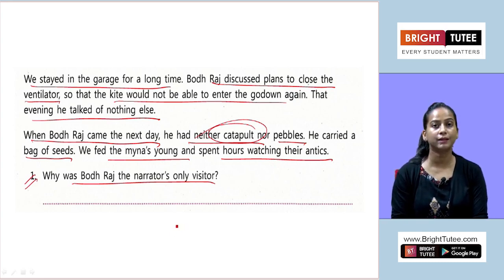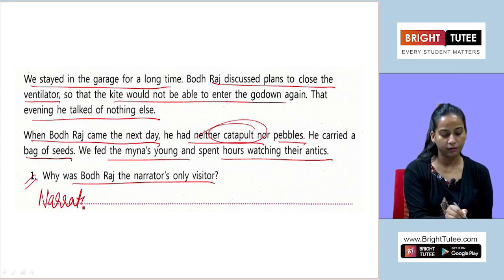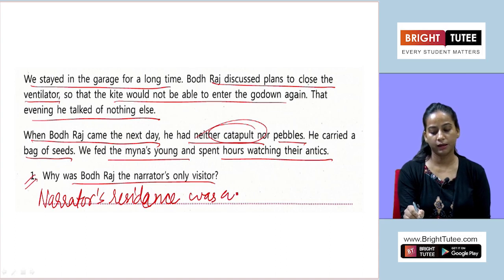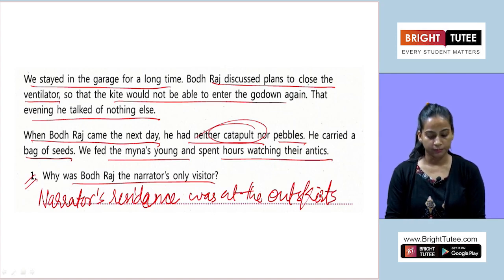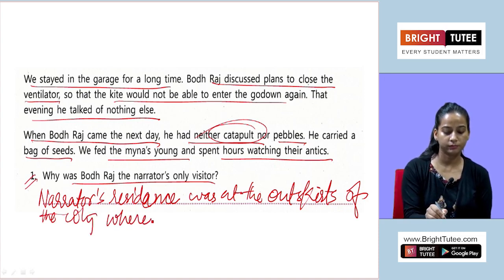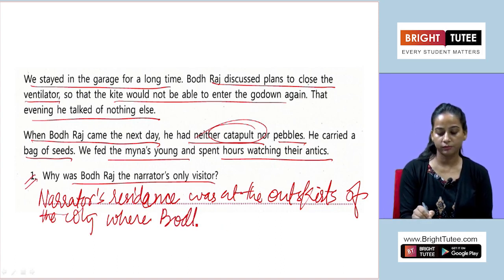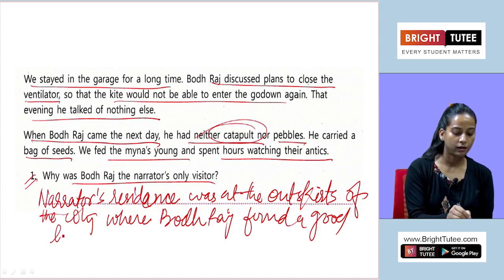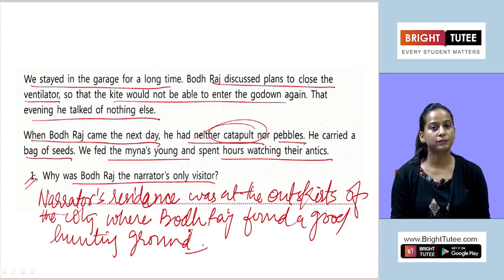The reason being that the narrator's residence was at the outskirts, the outer area of the city, where Bodhraj found a good hunting ground. So that's why he was the only visitor of the narrator.